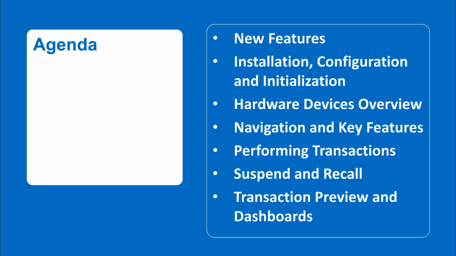We're going to do a quick navigation and talk about the key features. We're going to perform transactions. We're going to talk about suspending and recalling transactions from the mobile POS and the terminal POS. And finally, we're going to show you the transaction preview feature and the dashboards that are available on your mobile POS.